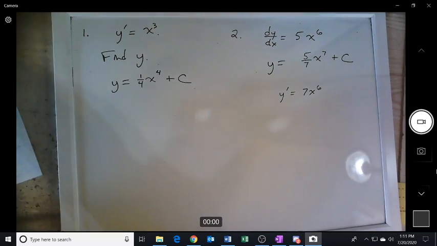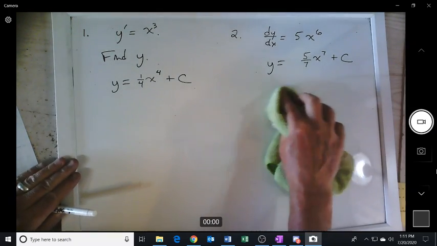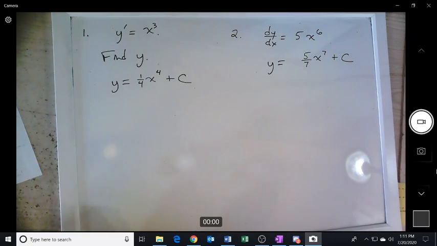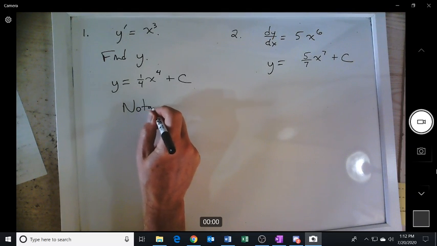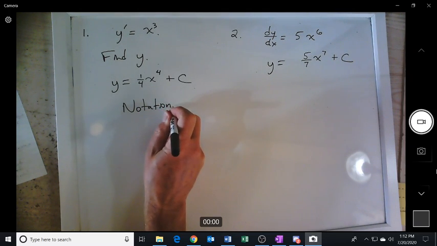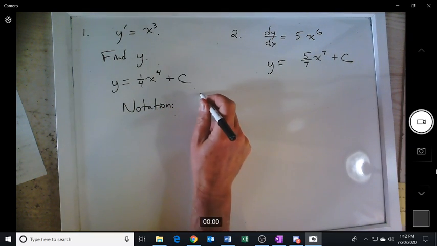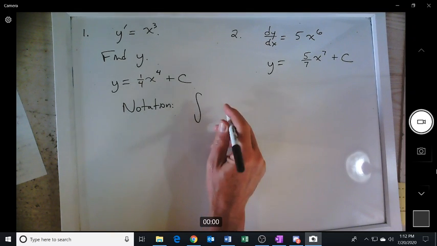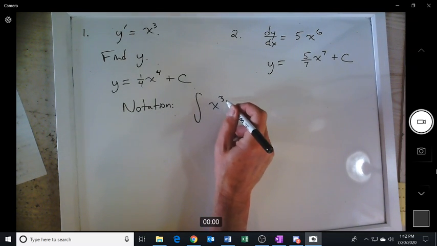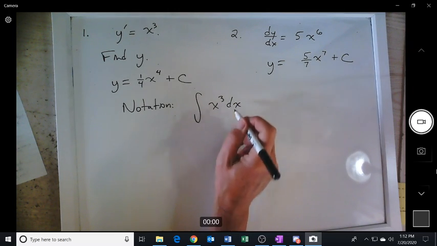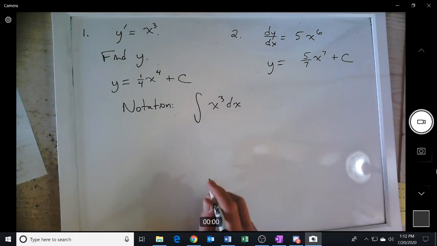All right, now, starting to get the hang of it. But there's notation. Look at it like this. The notation of... okay.